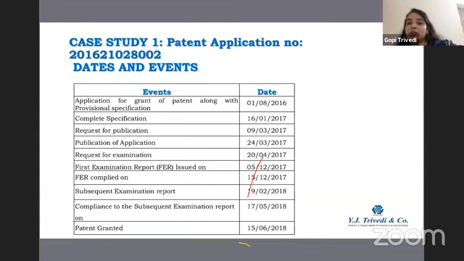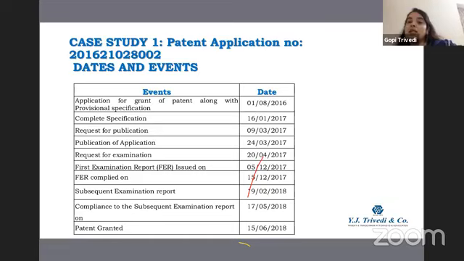Wherein I first filed the provisional specification in 2016 August, followed by complete specification. Then we filed request of publication. My patent application was published, followed by we filed request of examination.